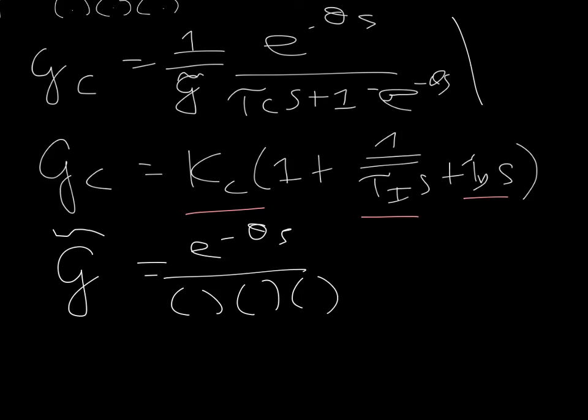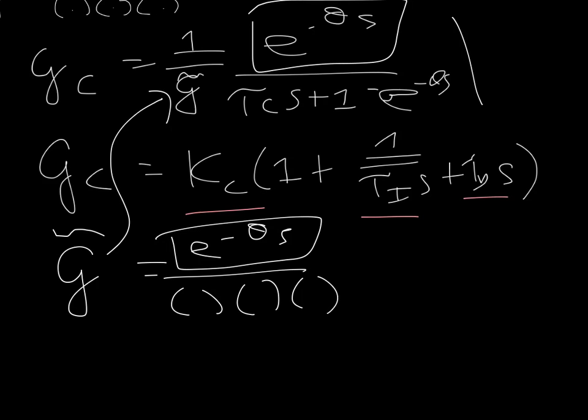So by the time we substitute this in there, this dead time will be below the line, and that dead time will be above the line, and it will cancel out. But this dead time will still remain.